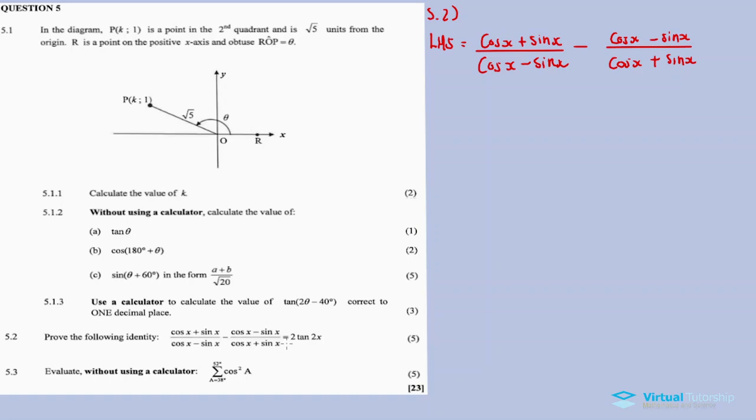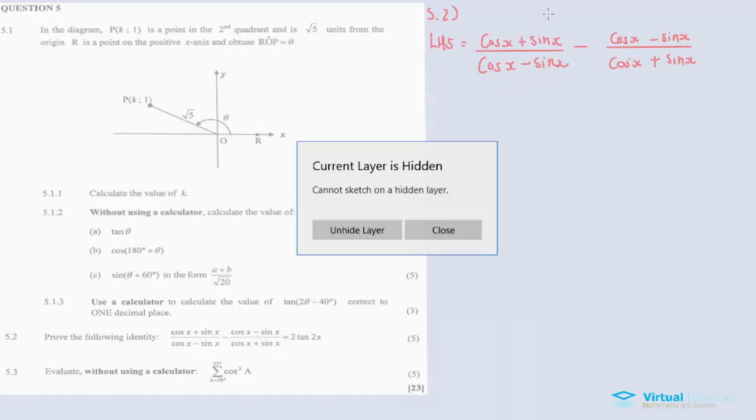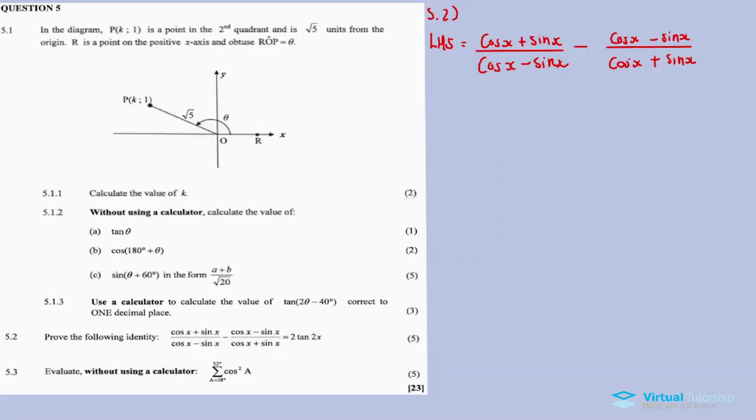Here two fractions are subtracted, right? So how do you simplify something like this? You must simplify these fractions.